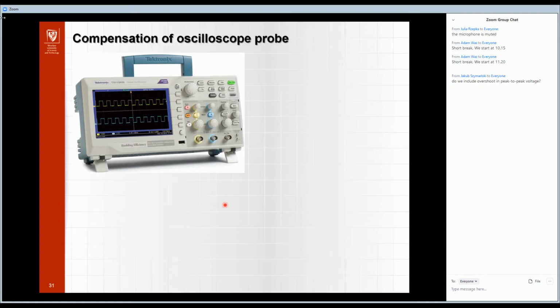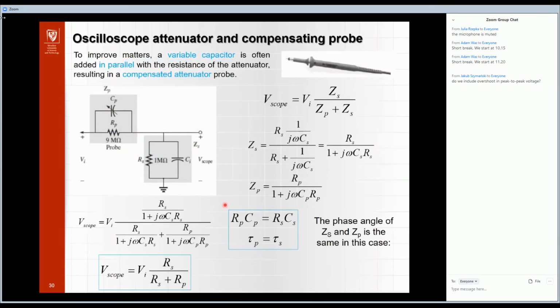Okay, but what can we do in practice? So we have here a resistance of 1 megaohm and here 30 picofarads. So when we increase the resistance to obtain the same time constants, the Cp should be 9 times lower. So it is about 3 picofarads. It is very difficult to measure such capacitance.